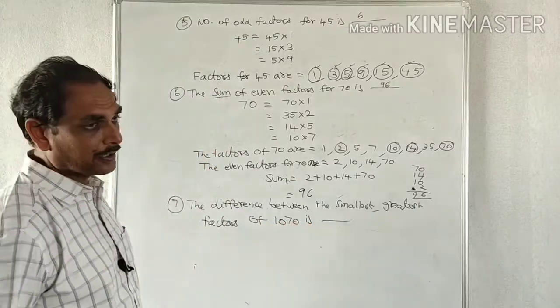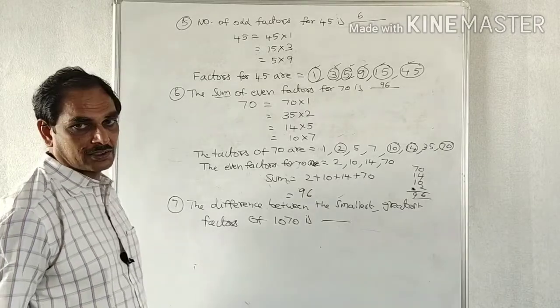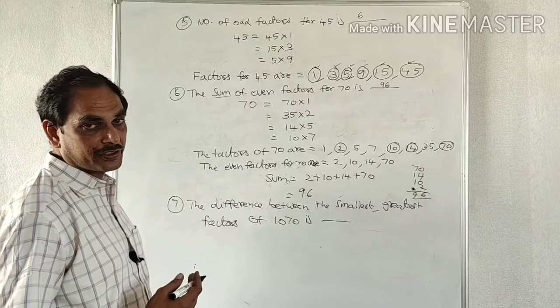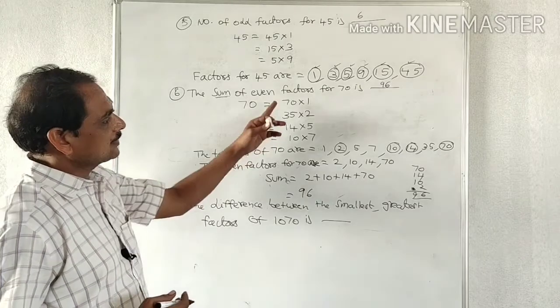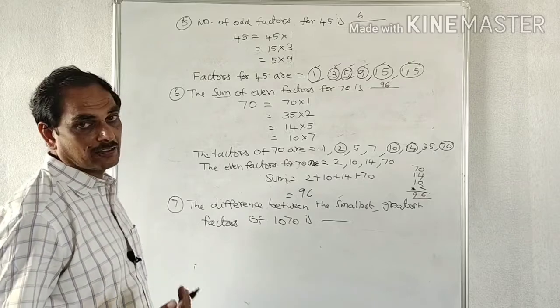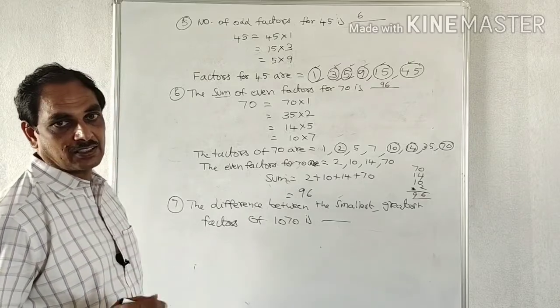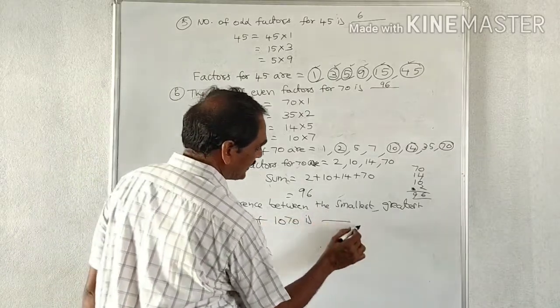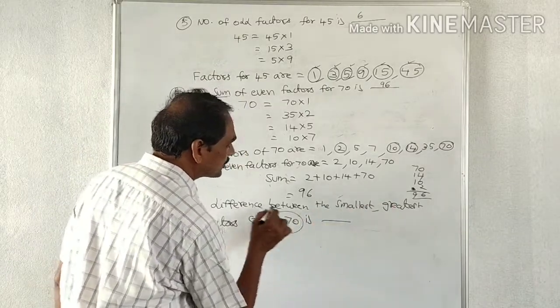So here we have the big number 1070. It is very critical to find the factors of 1070 by writing it as the product of two numbers. But there is a formula, so we will discuss it in the next problems. Now the difference between the smallest and greatest factors of 1070.